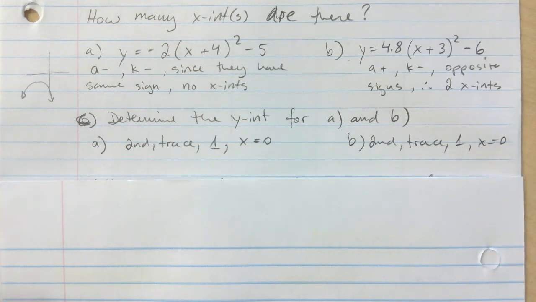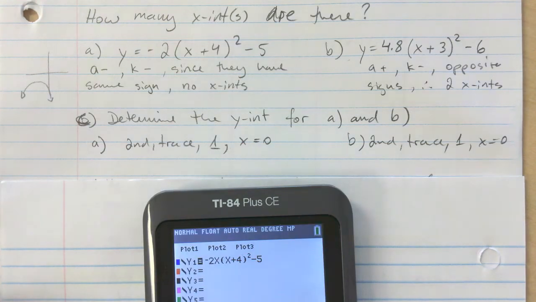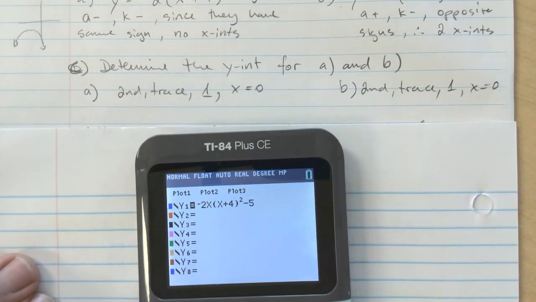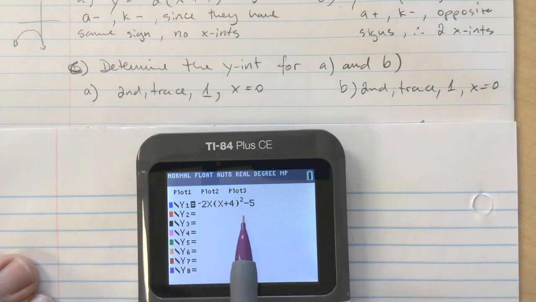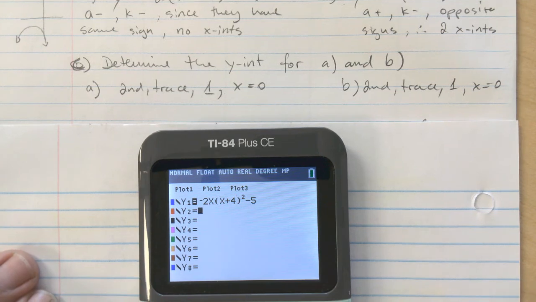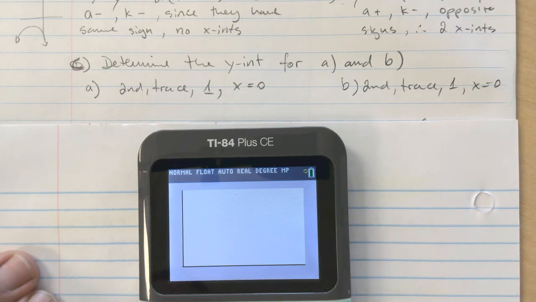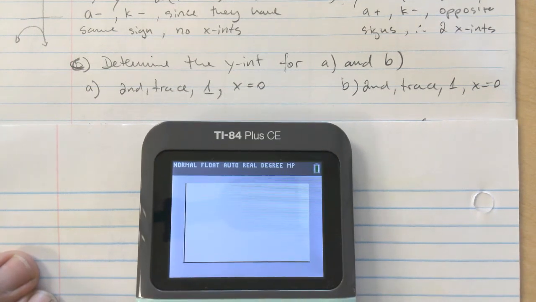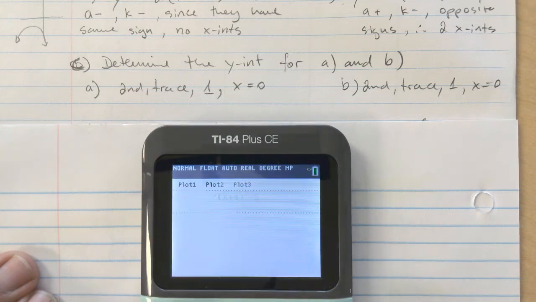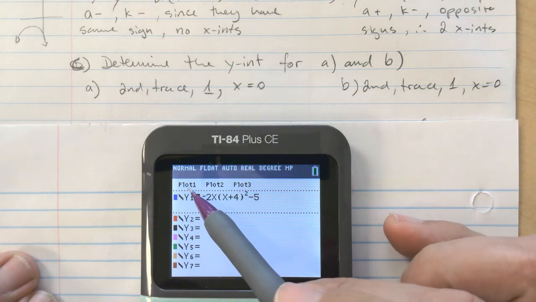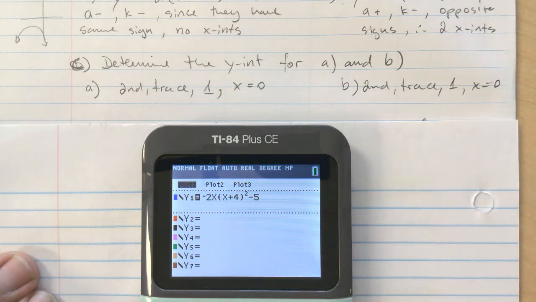So let's use our calculators. I already typed in the first one, the one in A. Remember, this is how you type it in, so it would be good practice for you to do that right now. Know how to type it in. I don't see a thing, right? By the way, I'm turning off plot 1 because I'm not using L1 and L2.